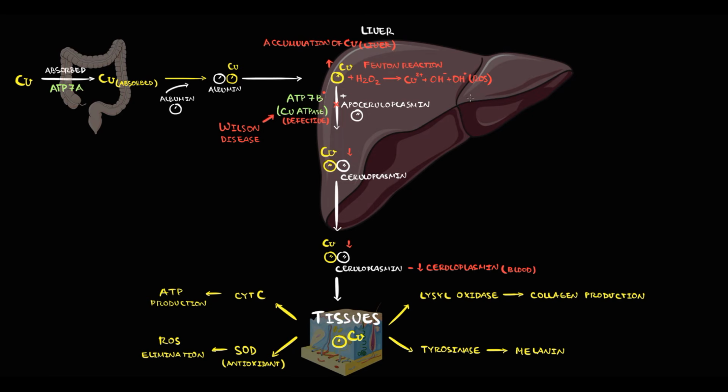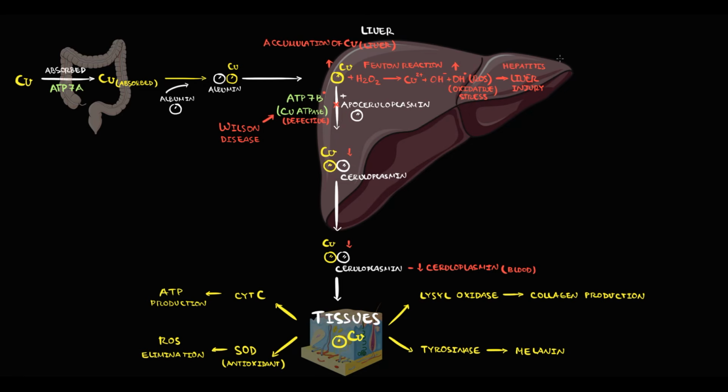Hydroxyl radicals belong to reactive oxygen species, which means that they are extremely dangerous substances. And accumulation of free copper in the liver results in massive production of hydroxyl radicals that cause severe oxidative stress in the liver tissue. Oxidative stress leads to a severe liver injury, so initially hepatitis develops.